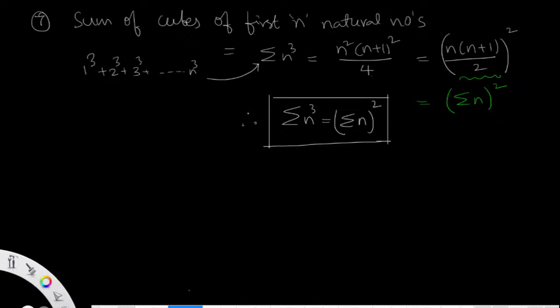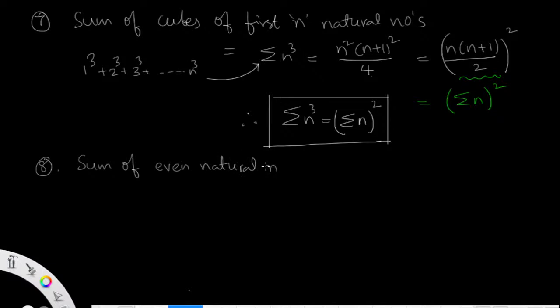From these basic formulas, next you have to write the sum of the even natural numbers. Another basic formula: sum of the first n even natural numbers.